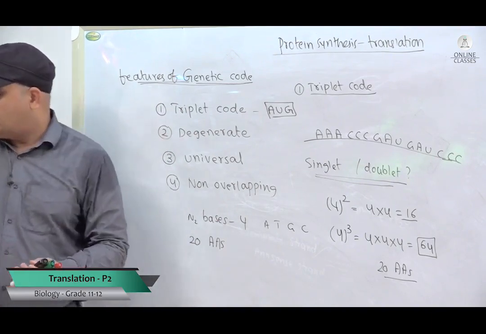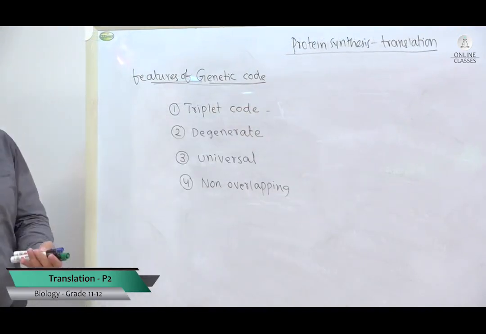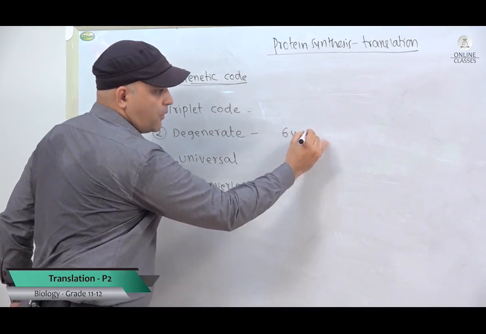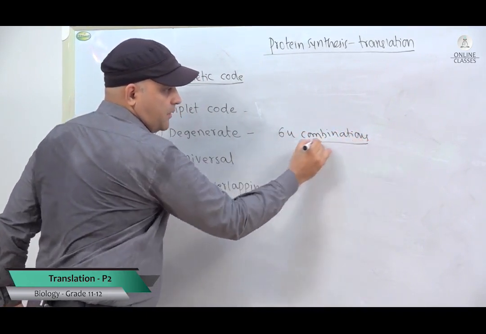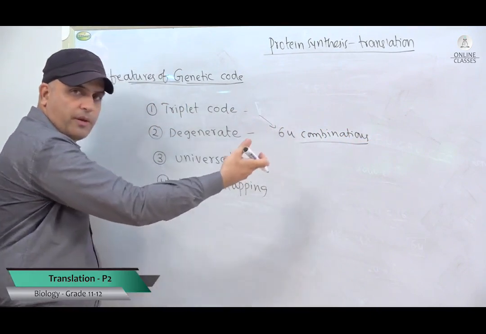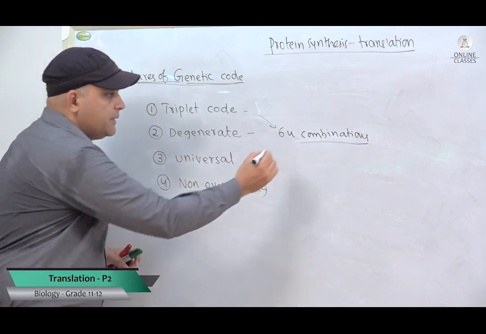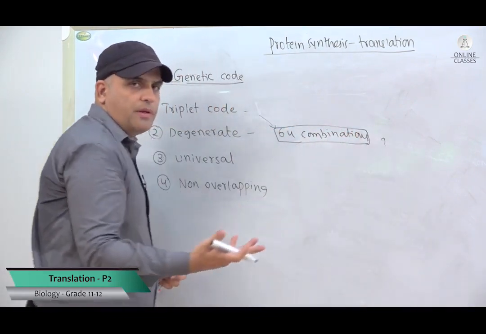The next thing that we are going to discuss is the degenerate code. As you have seen, we have 64 combinations possible with a triplet code, more than required actually. So these excess combinations, what am I going to do with them?